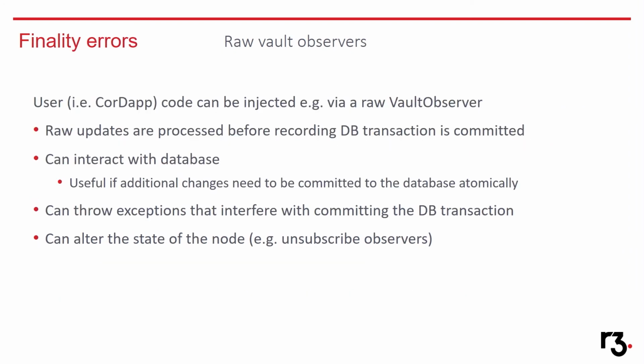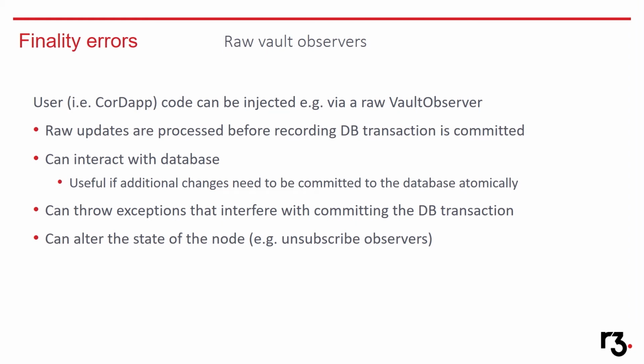That means they can interact with the database, for example, before it actually gets committed. And if they throw an exception, they can actually mess with the commit to the database, i.e. they can mess with the recording of the transaction that we're talking about. And another thing they can do, if they throw an exception, is alter the state in the node: if you don't handle the exception in there, the listener gets unsubscribed.